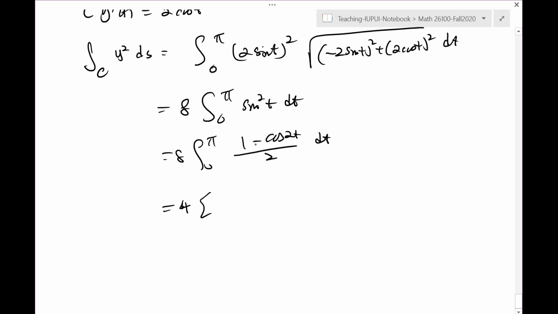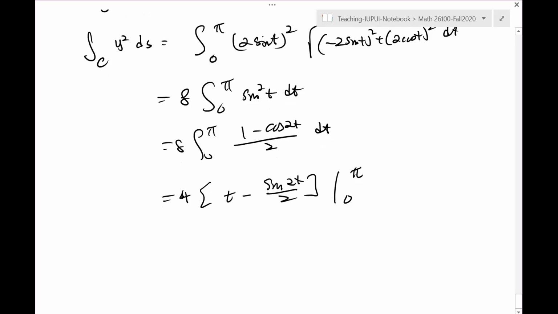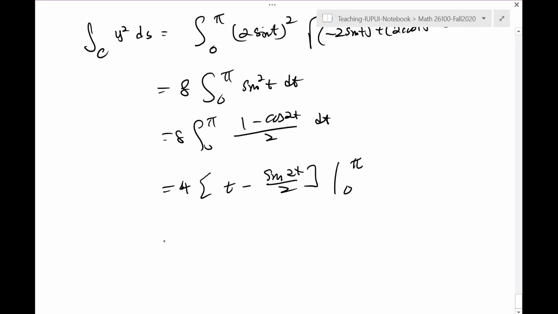Then the antiderivative of 1 is t, and the antiderivative of cosine 2t is sine 2t divided by 2, evaluated between 0 and pi. The second part is 0 because sine 2 pi is 0 and sine 0 is 0. So it's just pi. So it's 4 pi.